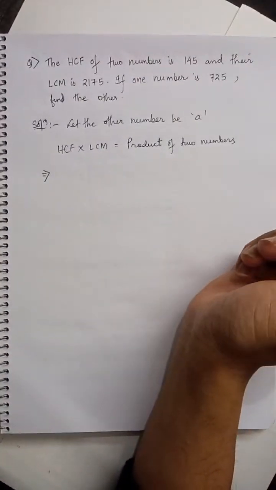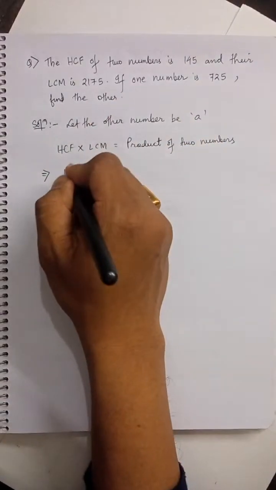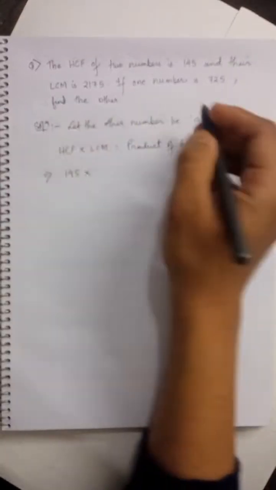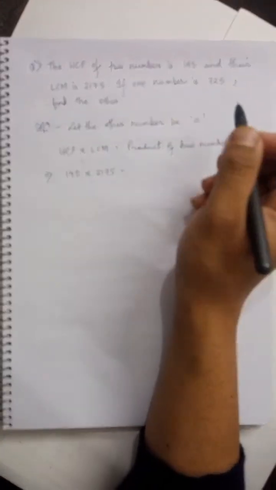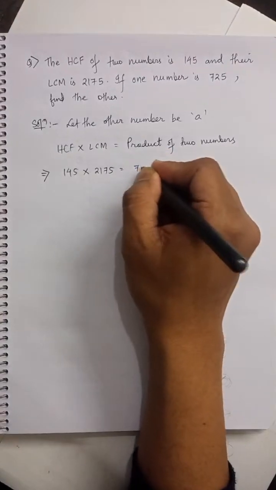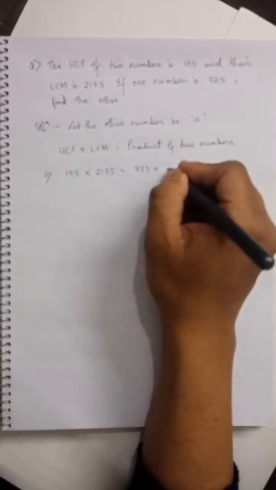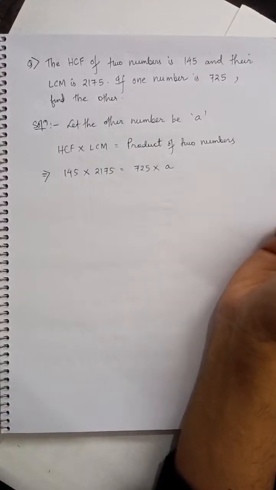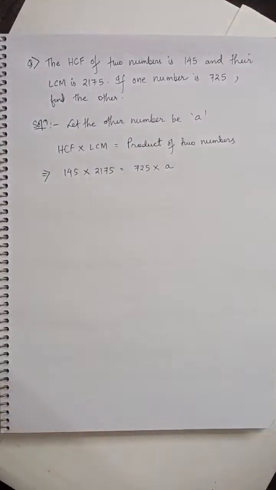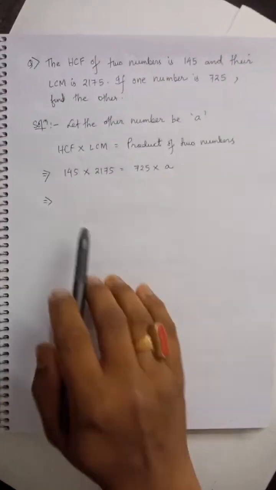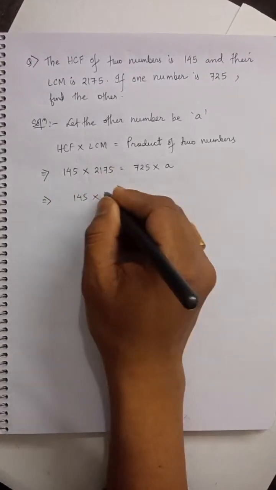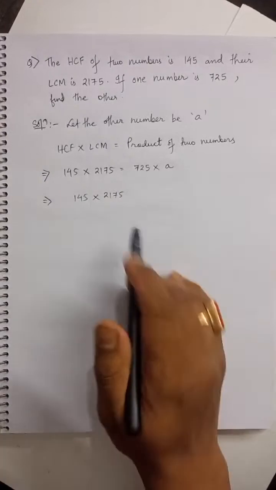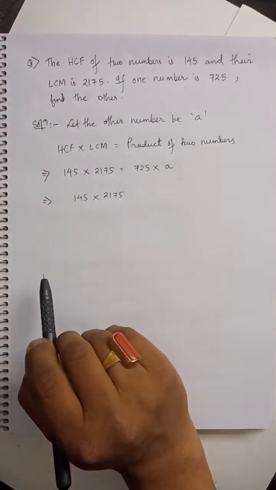So what is our HCF? Our HCF is 145 and the LCM is 2175. So product of two numbers. One of the numbers is 725 and the second number we have assumed to be A. So again I would suggest don't go for multiplication, otherwise this will take unnecessary time. We will just keep it as 145 into 2175 and then we will transpose the 725.